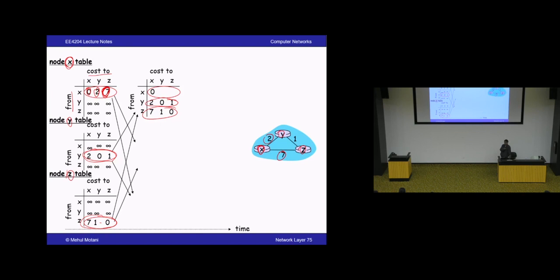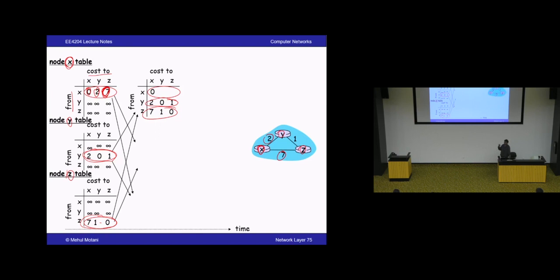Now, what is X going to do? Because it just got some new information. In words, what is X going to do? Yeah, it's going to update its own distance vector estimates using Bellman-Ford.